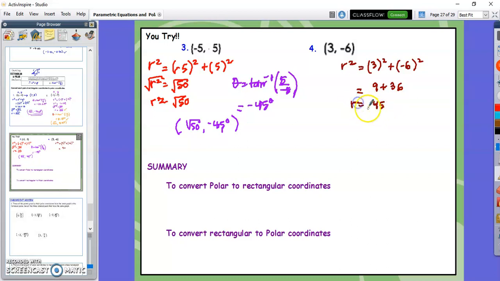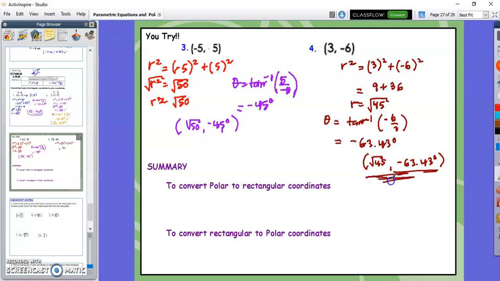So my r is going to be root 45. My theta is going to be equal to arctan of negative 6 over 3, and it should give me negative 63.43 degrees. Therefore, my polar coordinates will be root 45, comma, negative 63.43 degrees.